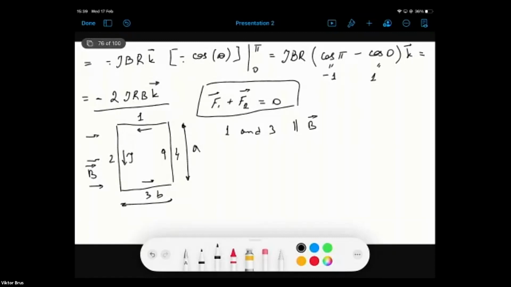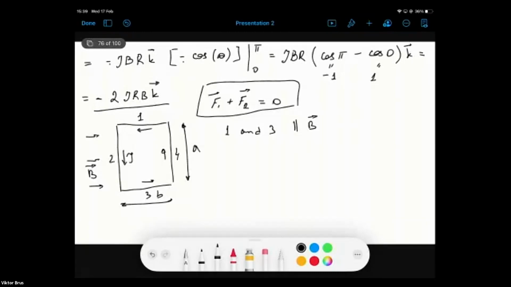In this case, the magnetic force will be equal to 0 because there is no angle between the direction of the current flowing through these segments and the magnetic field vector.